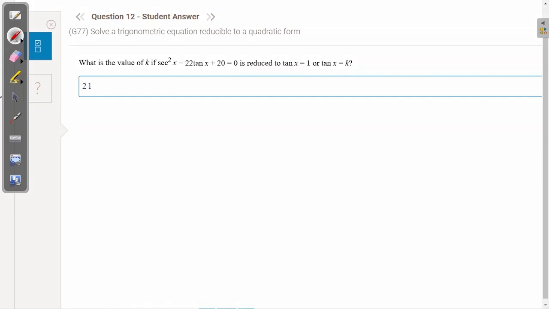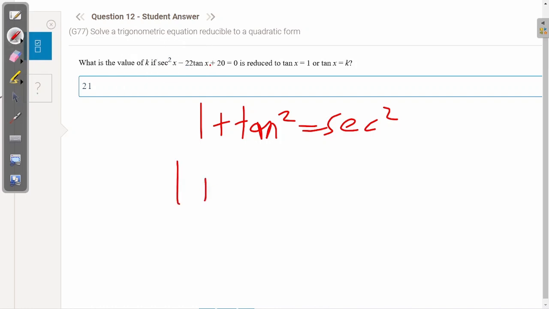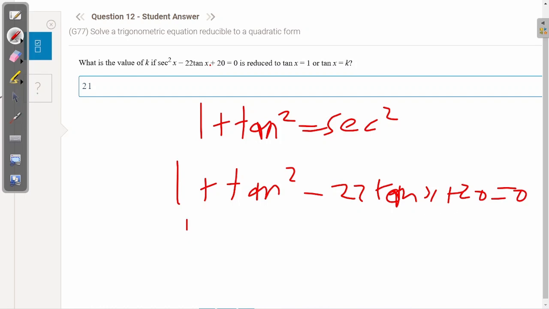Okay, here you have secant and tan, and the rule that relates them is 1 plus tan squared equals secant squared. And here, which one is squared, tan or secant? It's the secant. So you substitute the secant. So 1 plus tan squared minus 22 tan x plus 20 equals 0.